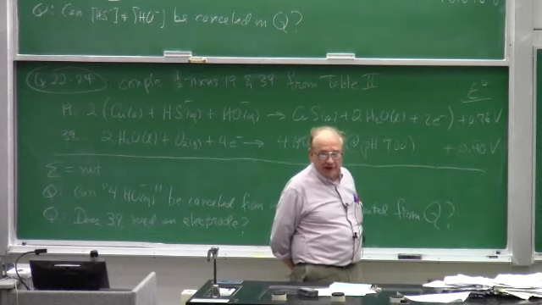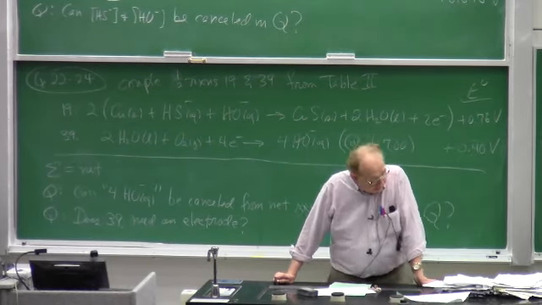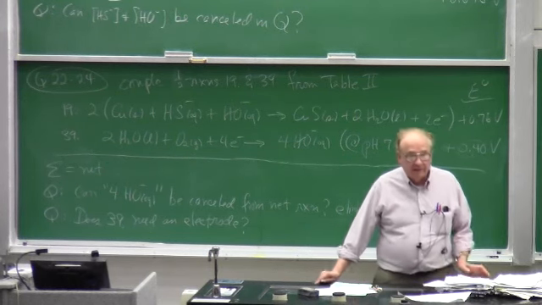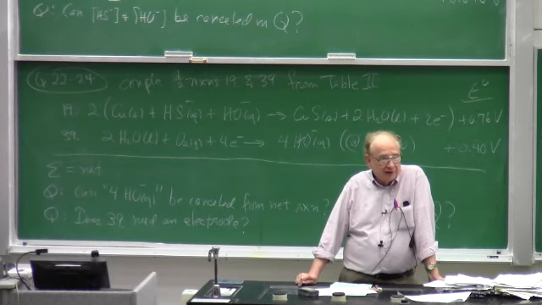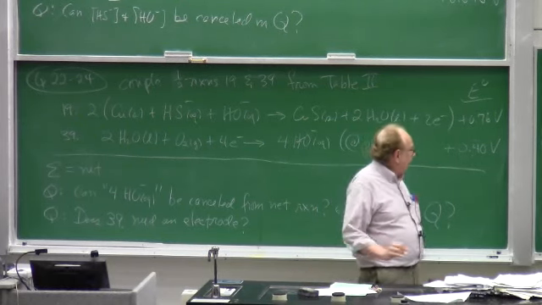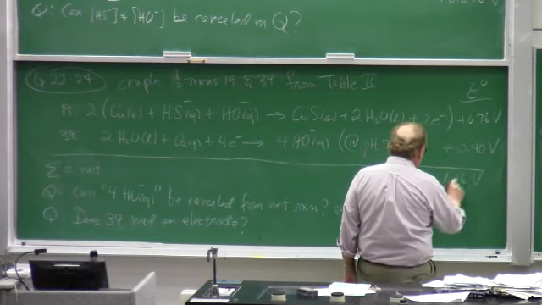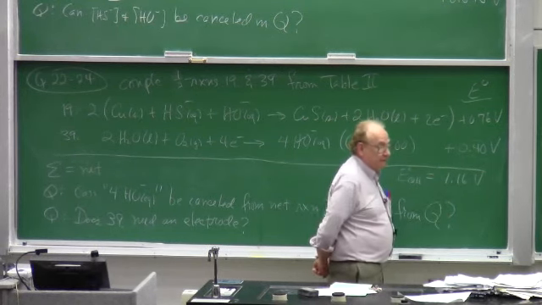Are we taking the half reaction as it is written in the table, which is now half reaction, what's the number, 35? Yeah, 35. And we're writing that in the opposite direction, aren't we? So we change the sign on E0. There you have it. 1.16 volts is E0 for the cell.